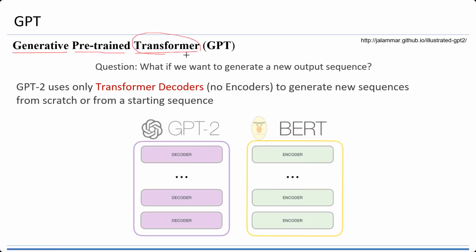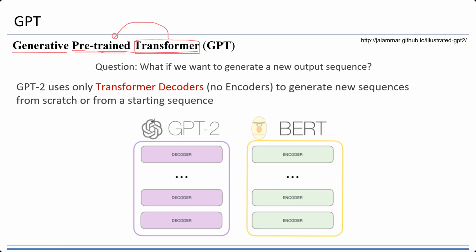So we learned about the transformer, and we want to train the transformer, and we use the pre-trained transformer to do some tasks. In BERT, it can be used to analyze the text. So text analytics is good using BERT.